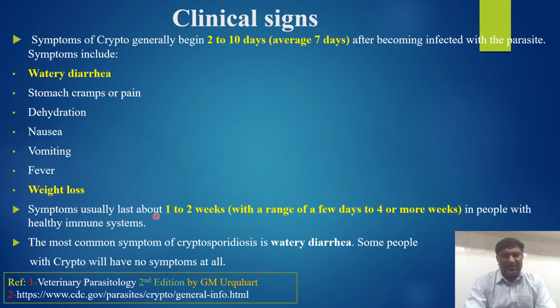Symptoms usually last about 1 to 2 weeks, ranging from a few days to 4 or more weeks in people with a healthy immune system. The most common symptom of cryptosporidiosis is watery diarrhea. Some people with crypto will have no symptoms at all.